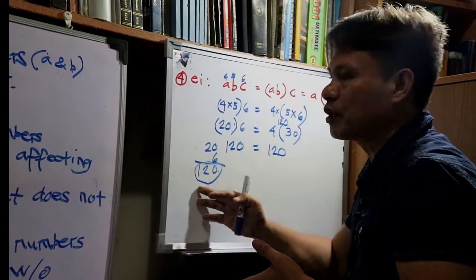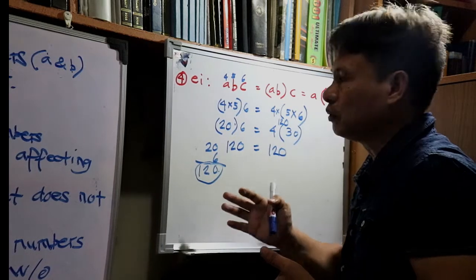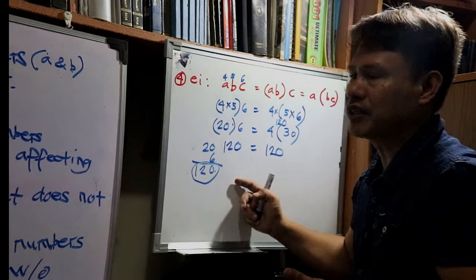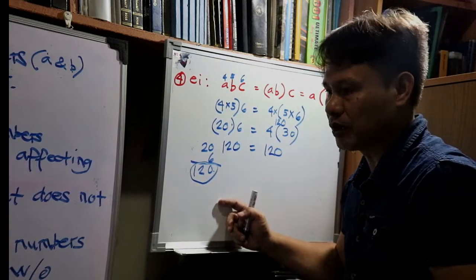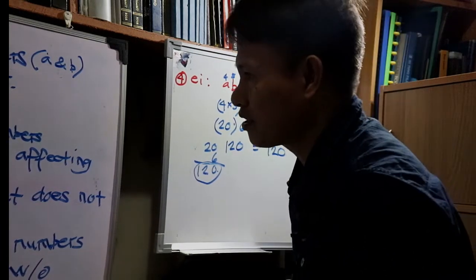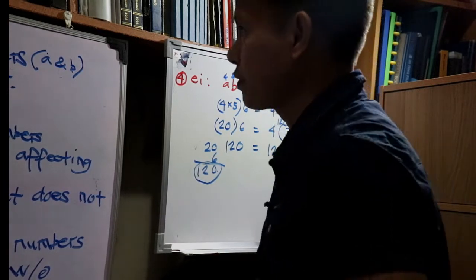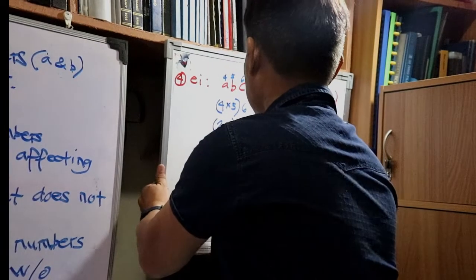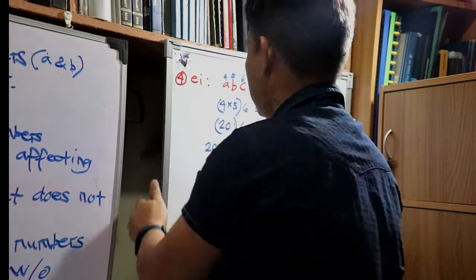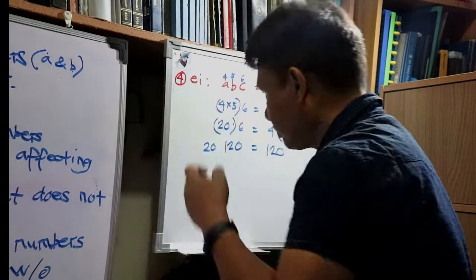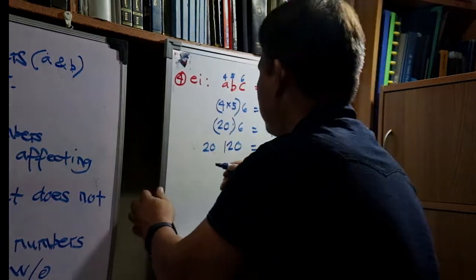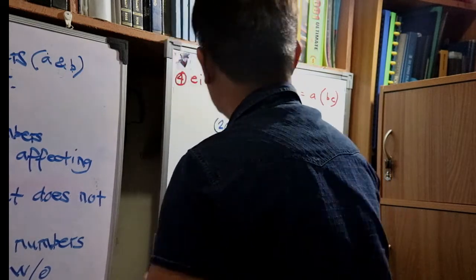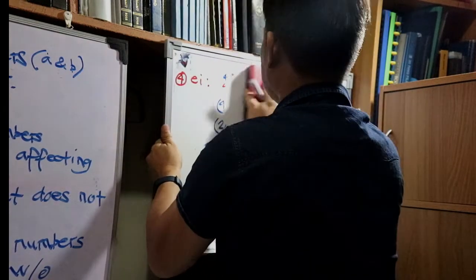And here on number 4, it also affects how the operations of multiplication associate in this real number property. Okay? Let's go with number 5.